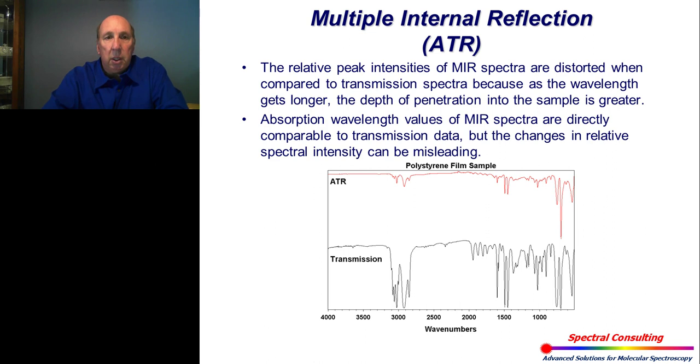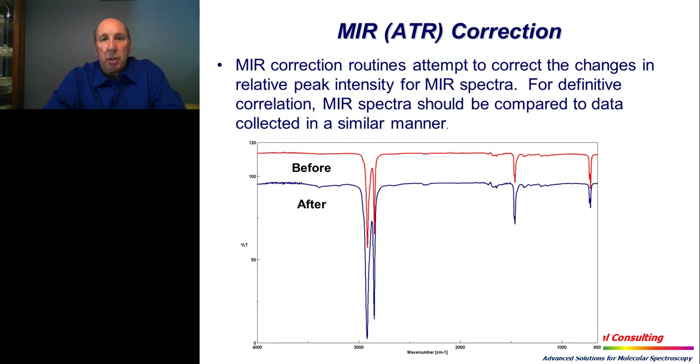But we can actually do a correction, before the ATR correction and after the ATR correction, to allow for the change in the depth of penetration as the wavelength changes in the spectrum. So what we're doing basically is enhancing the CH stretch region at 3000 and diminishing the CH bend and the CC bends down below 1500.